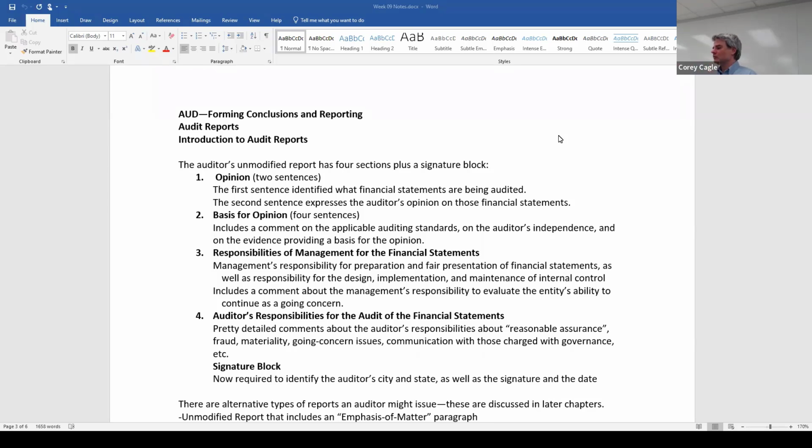All right. So then we get into responsibilities of management, things we've talked about in here. Here it all is in the audit report, so everybody will understand, right?